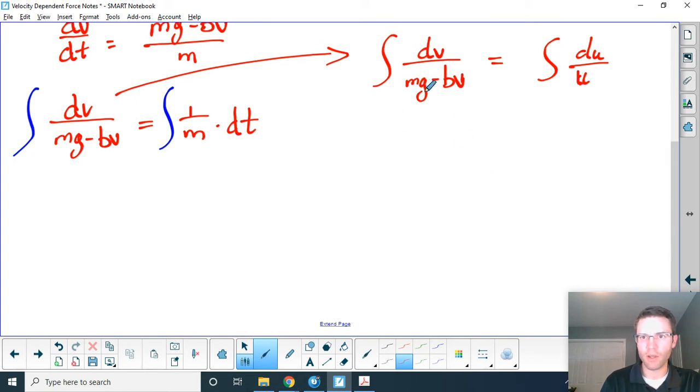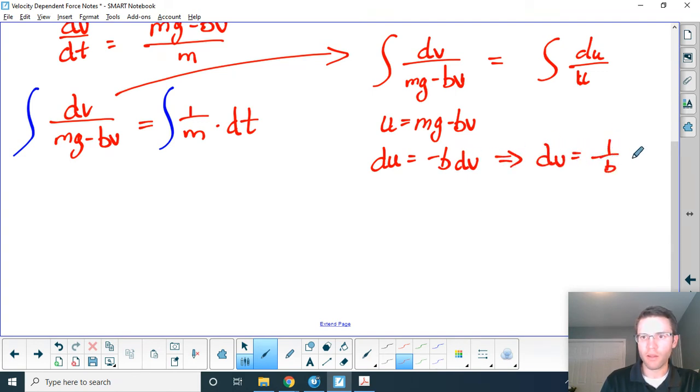So to do that, let's call the bottom u. u equals mg minus bv. du would then be the derivative of this. This is a constant, that's going to be 0, so it's just negative b dv. And then I can solve for dv here. dv equals negative 1 over b du. And that can be substituted in for my dv.